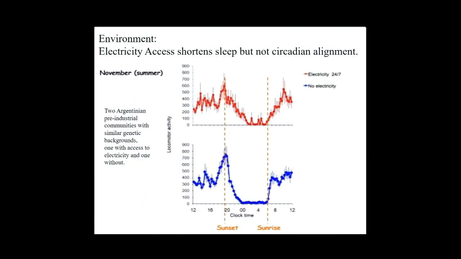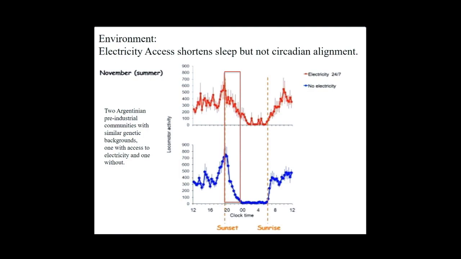One is two cultures, two groups of people, very similar genetically, living in really remote Argentina, but one with electricity and one without, in November. So you've got the same season, but all you have is the access to electricity.